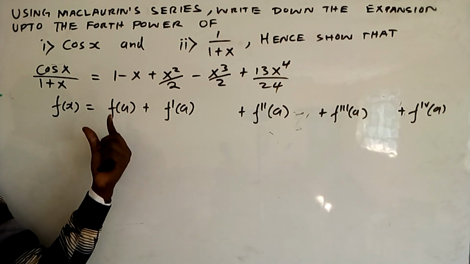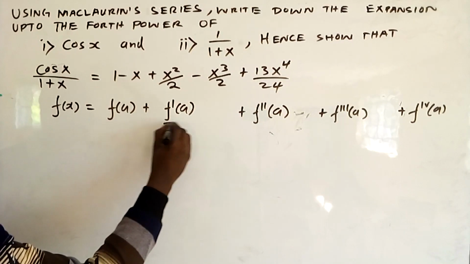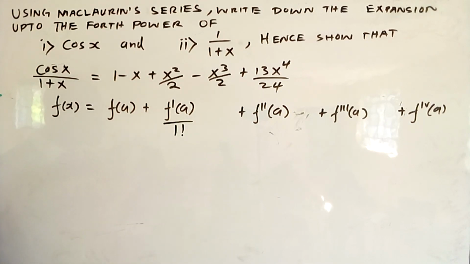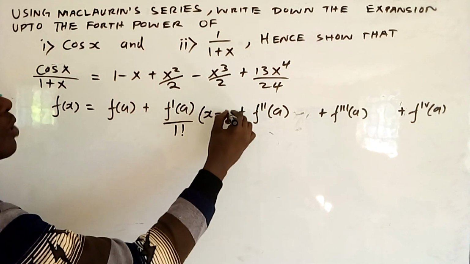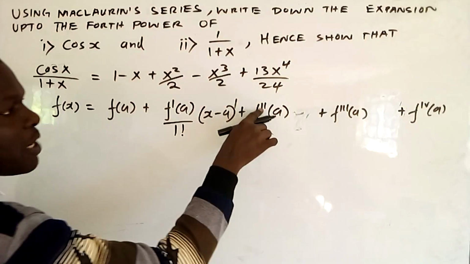When you don't differentiate, that is 0 factorial, which is 1. Differentiating for the first time gives 1 factorial, and x minus a is raised to power 1.